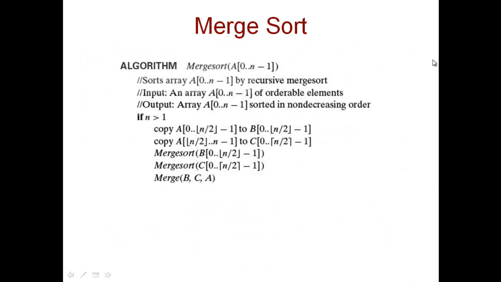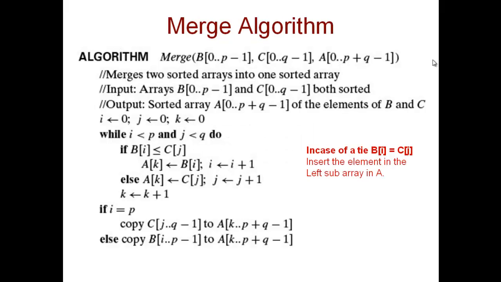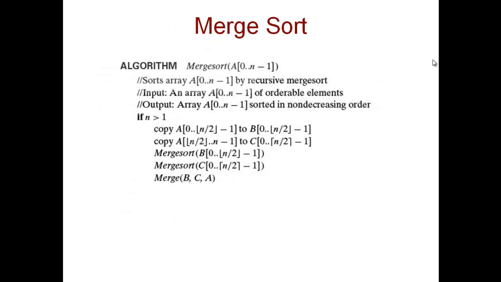Now, coming to the basics of time complexity, we need to find what is called the basic operation that is repeatedly done as part of the algorithm. We are not doing any operation really here, we are just copying the elements and then recursively calling merge sort.